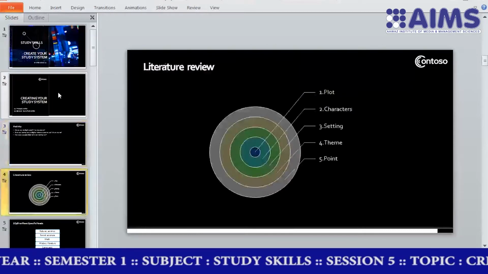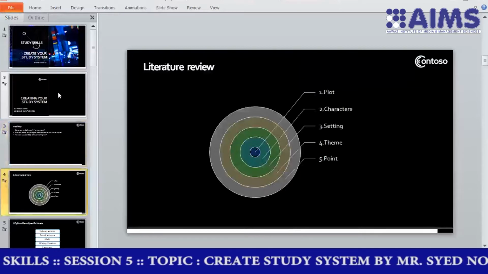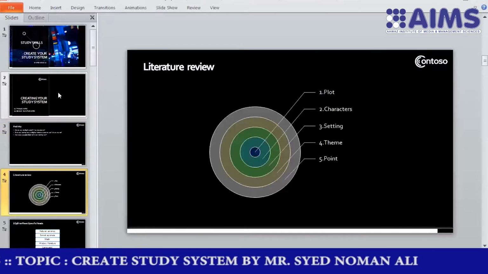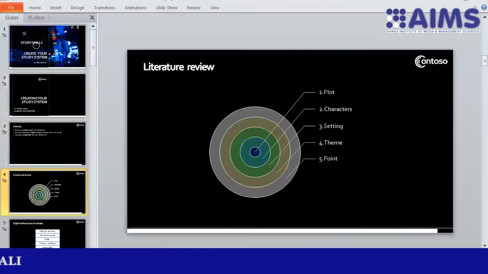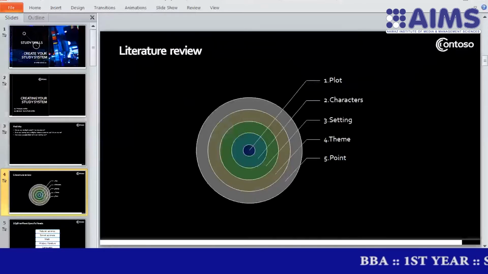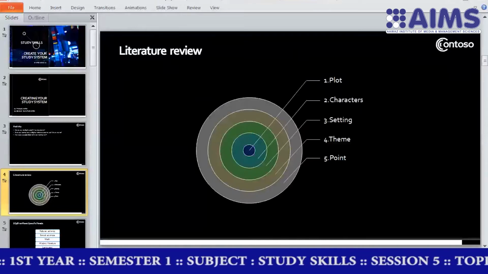Whenever we want to study any text, the title, the plot, the literature, the textbook, we have to keep reviewing it by highlighting, segmenting and categorizing the ideas.